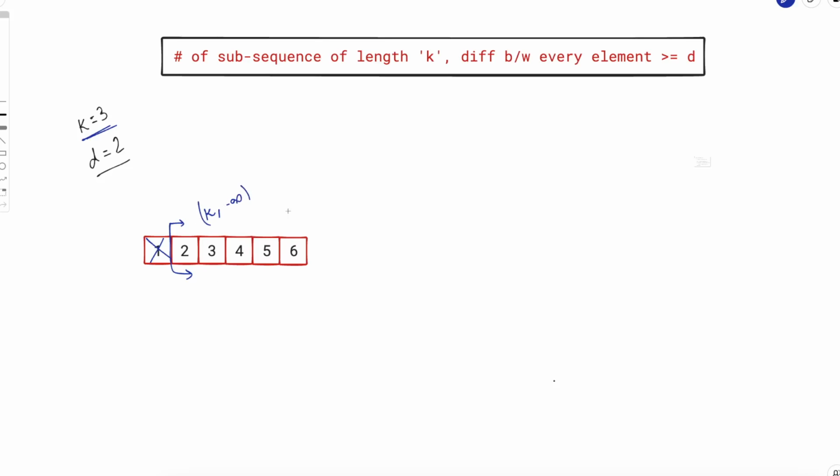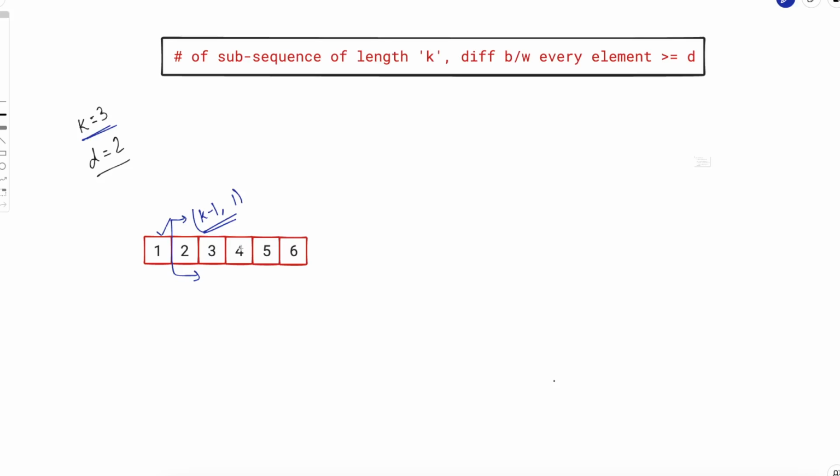And let's say you have taken it. In this case you will say, in this remaining array tell me the number of sequences possible with length k minus 1, because you have taken one element already, such that the last element you have taken is 1.